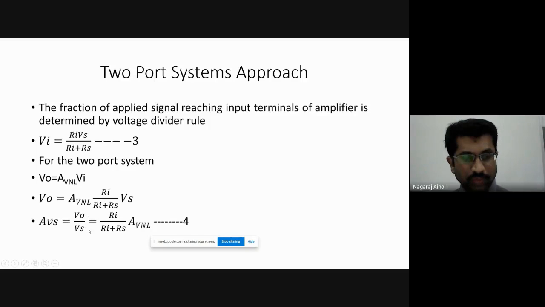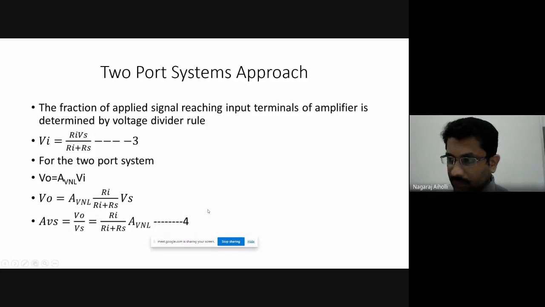AVS is equal to V naught by Vs, that is equal to Ri by Ri plus Rs into AVT, a subscript VT. Did you all note down, students? I hope everybody noted down this modified equation.